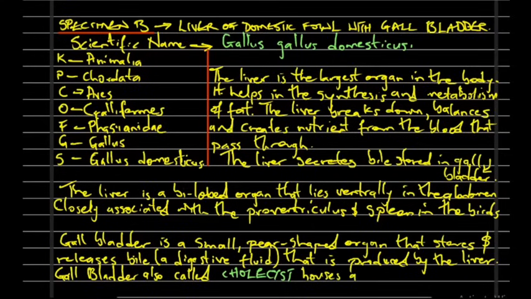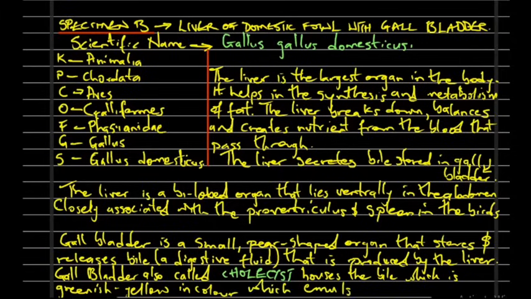houses the bile, which is greenish yellow in color, and its major function is to emulsify fat, which emulsifies fat.